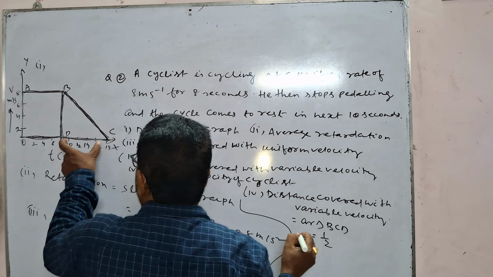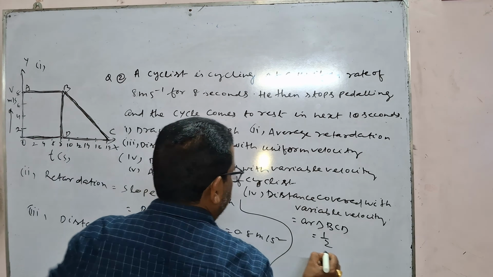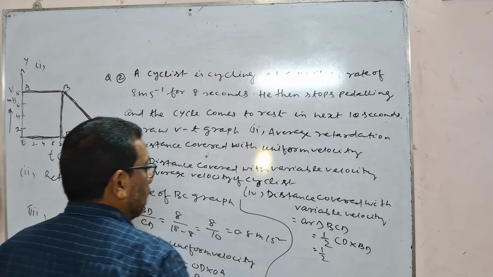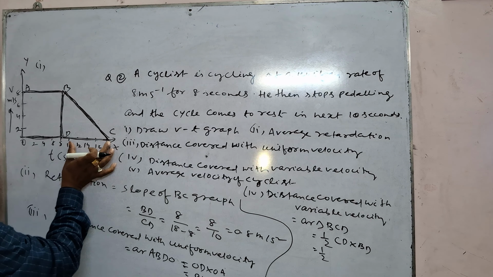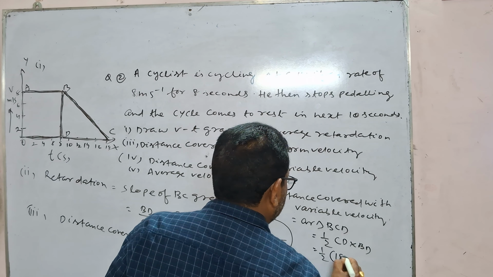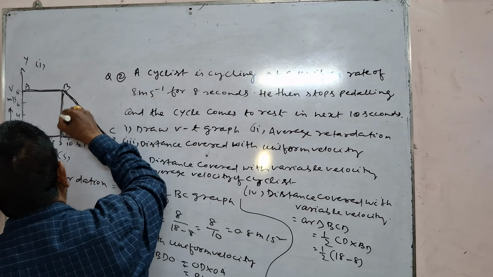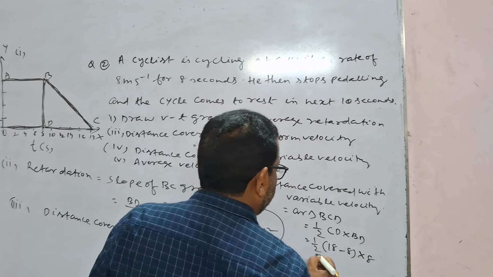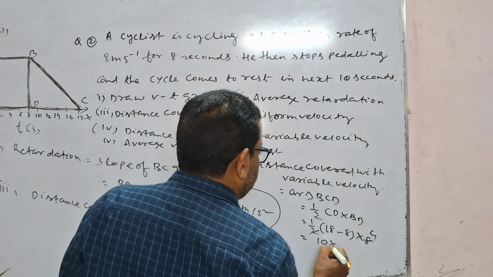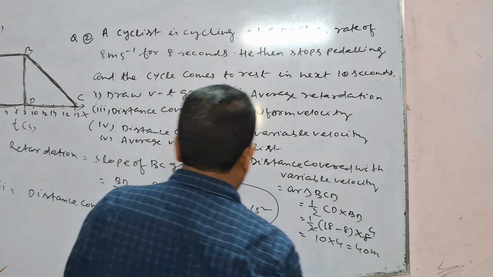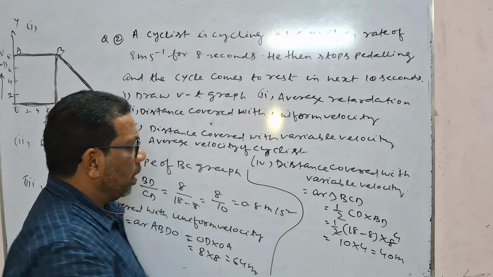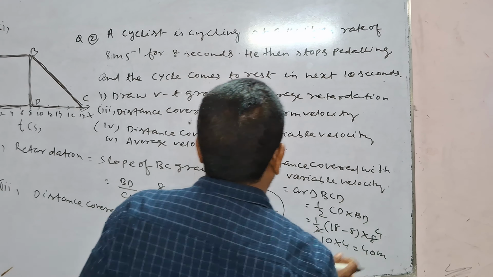Half base CD into altitude BD. CD is 18 minus 8, which is 10, and BD equals 8. Half of 10 into 8 is 40 meters. Distance covered with uniform velocity is 64 meters. Distance covered with variable velocity is 40 meters.